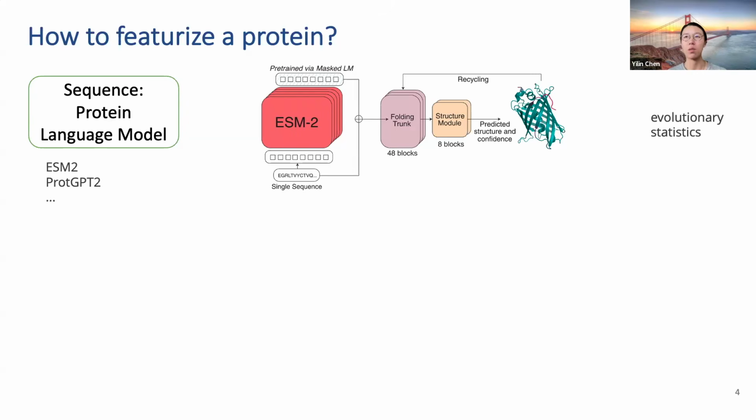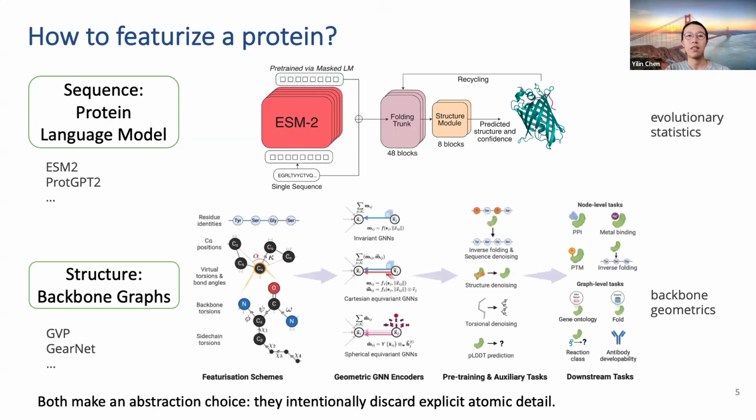Some are masked, some are autoregressive, to learn a representation. What this learns from seeing so many sequences, with a transformer that learns pairwise relationships, is basically evolutionary statistics. And people can use it to predict structures, for example, as in the ESMFold case, but also other properties.